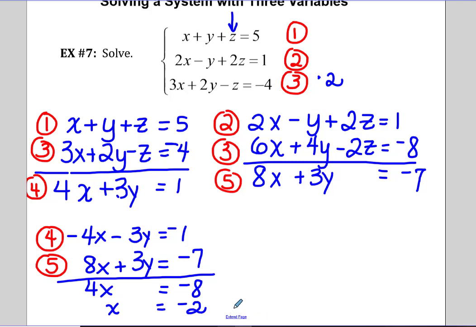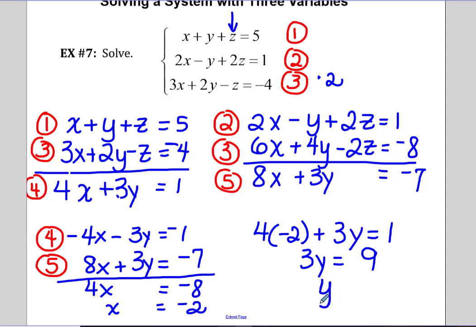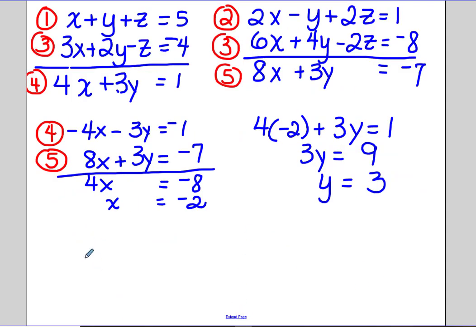And then we can back substitute. Let's back substitute into equation 4. So 4 times x plus 3 times y is 1. 3y is 1 plus 8, so 3y is 9, and y is 3. And now we just need to go back maybe to equation 1. X plus y plus z equals 5.